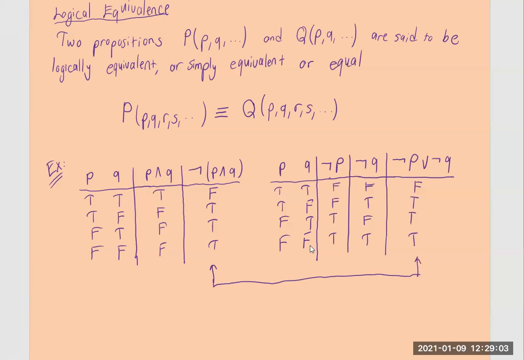There's no mistake. You see that two propositions are equal, right? False, false, true, true, true, true, and true, true. So it is working. That one, you mean? I didn't get what you mean, that one.